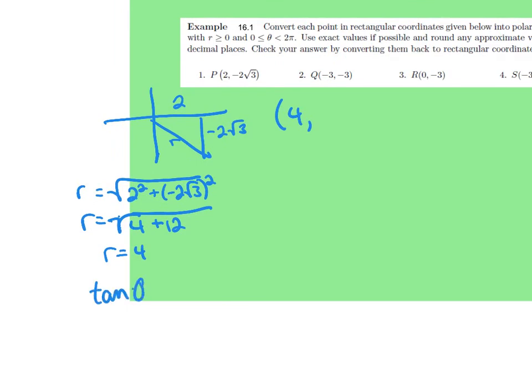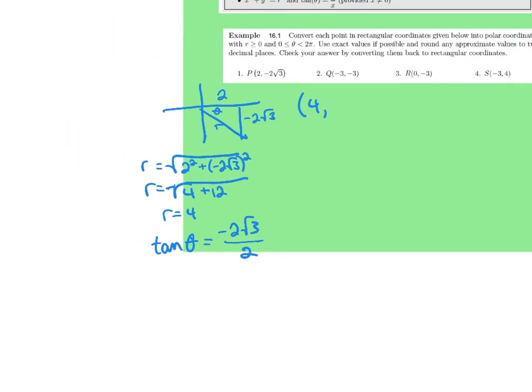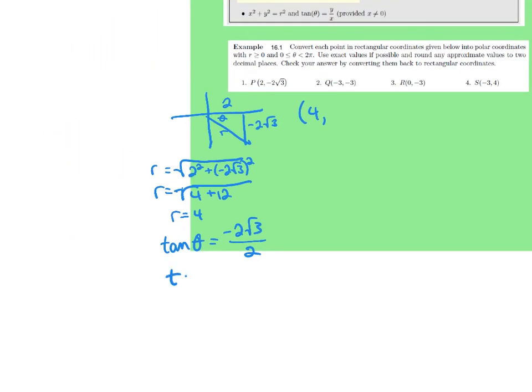Tangent of theta is equal to, here's theta, opposite over adjacent. This should look familiar. Our 2's are going to cancel, and you get negative root 3. Tangent is equal to negative root 3 in, well, it's negative in quadrants 2 and 4. I want the one in quadrant 4, because that's where it lives.